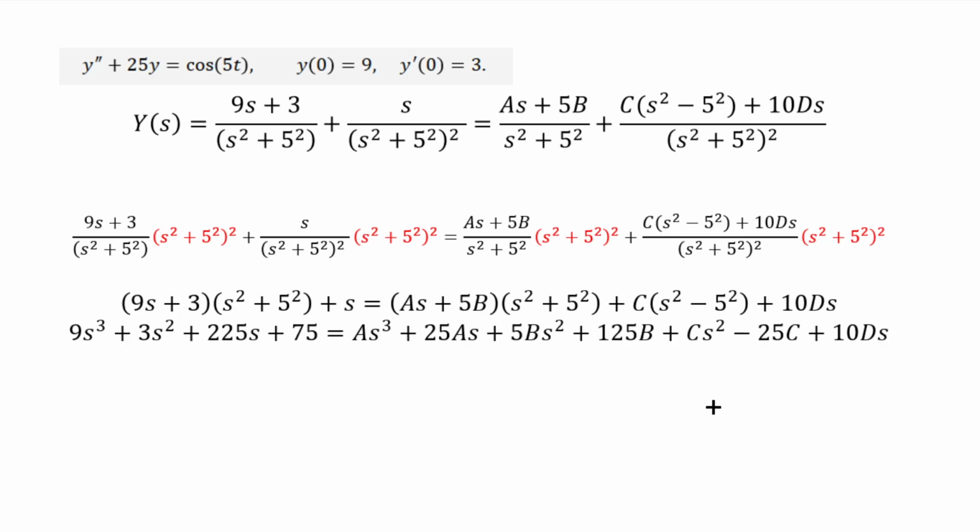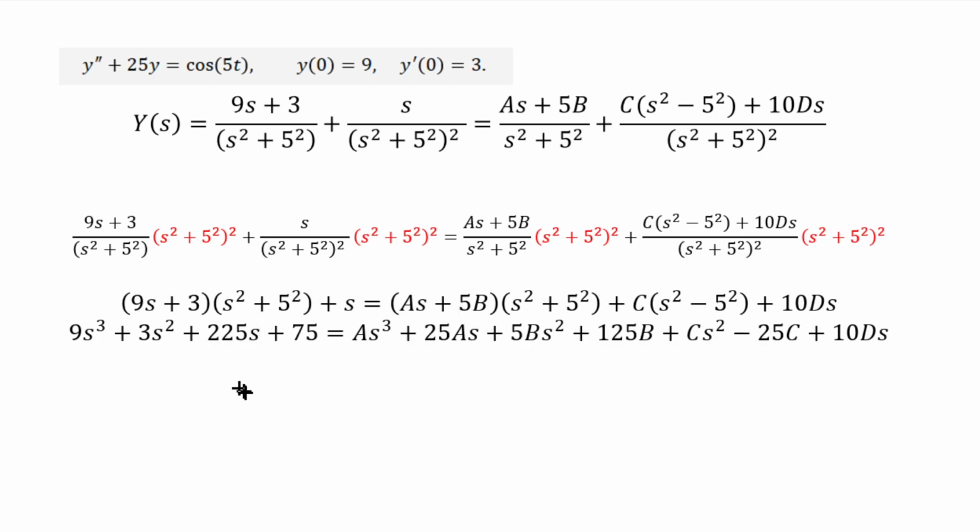But when you have these s squared plus 5 squared, nothing can make this 0. A lot of times I find that when you have s squared plus 5 squared or stuff like that, it's actually easier just to expand everything and simplify. Okay, so that's what I'm doing.